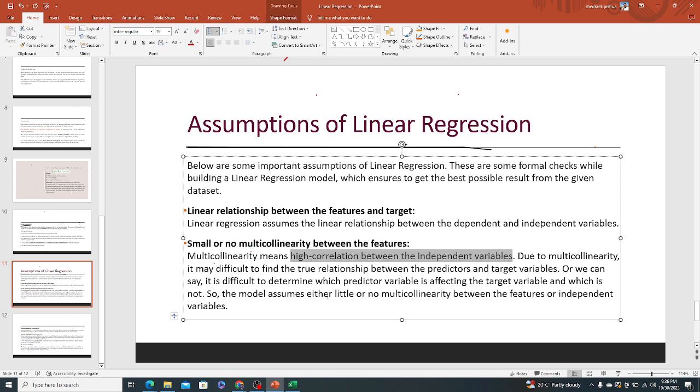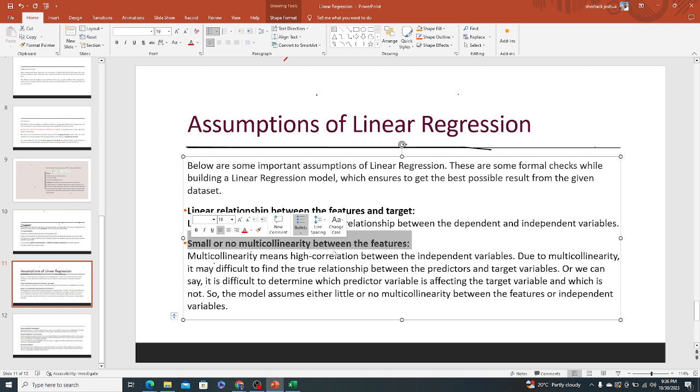So the model assumes little or no multicollinearity between the features or the independent variables. This is applied when we are dealing with multiple linear regression.